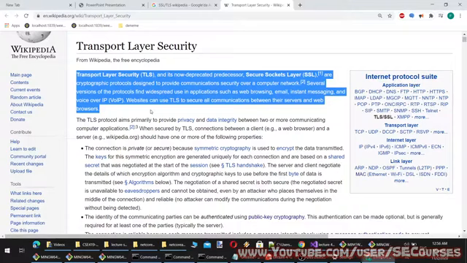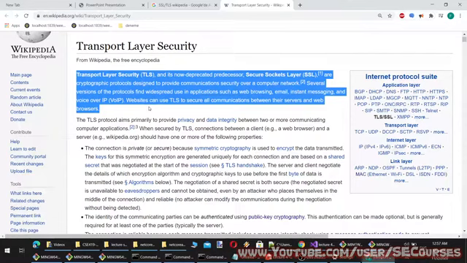Transport Layer Security (TLS) and its now deprecated predecessor, Secure Sockets Layer (SSL), are cryptographic protocols designed to provide communication security over a computer network. Several versions of the protocols find widespread use in applications such as web browsing, email, instant messaging, and voice over IP (VoIP).